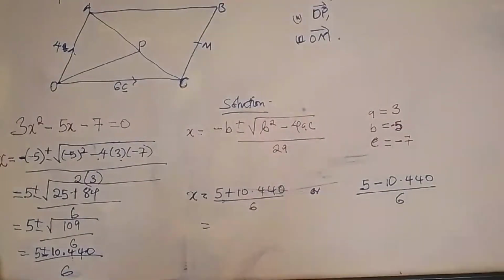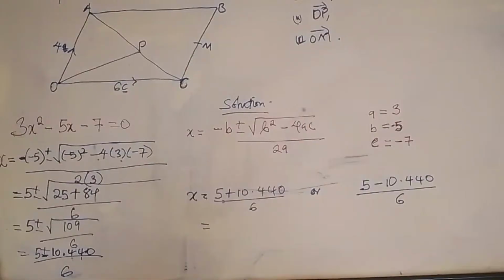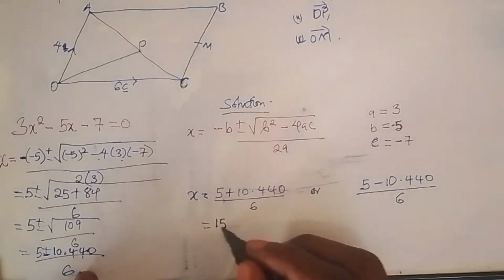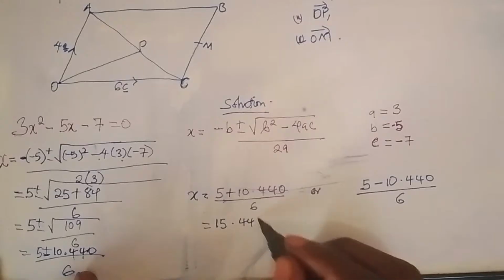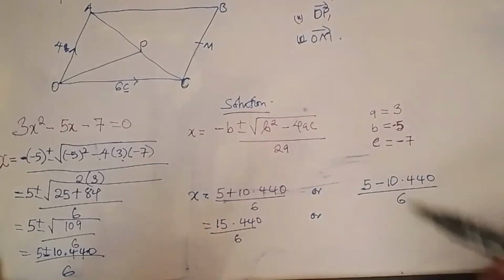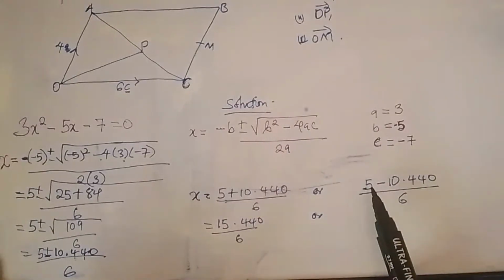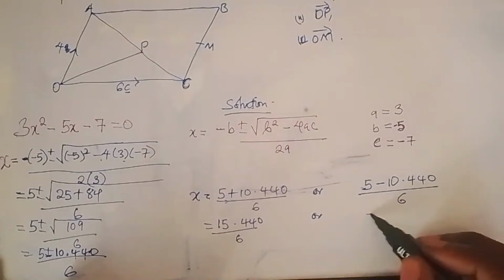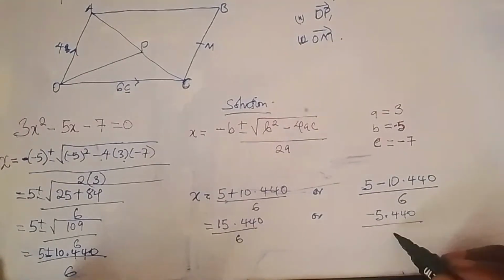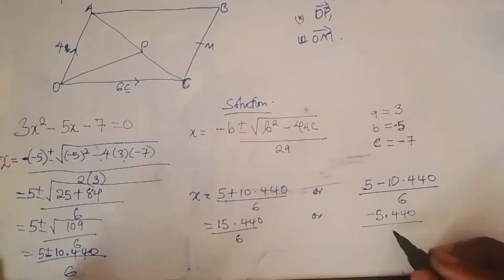So now if you add 5 plus 10.440, you get 15.440 divided by 6, or if you subtract 5 minus 10.440, you get negative 5.440 divided by 6.